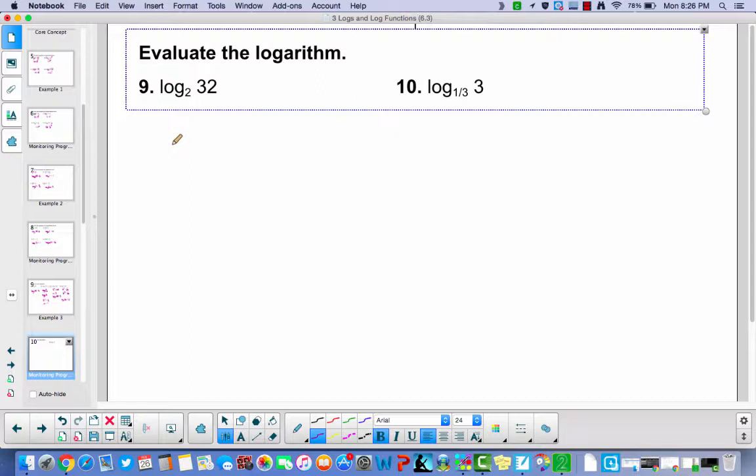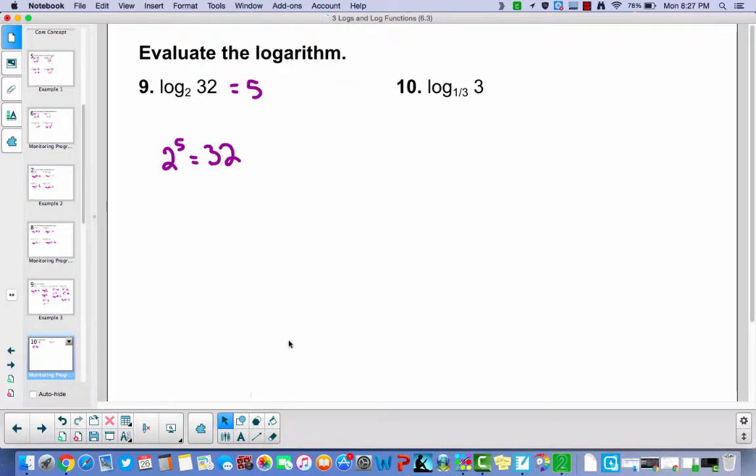Okay, so this says 2 to what power is 32? Again, if you don't know, you can do some guess and check. But what you'll find is that 2 to the 5th is 32. So log base 2 of 32 is 5. Log base 1/3 of 3, what did you get for that? Here's my base.